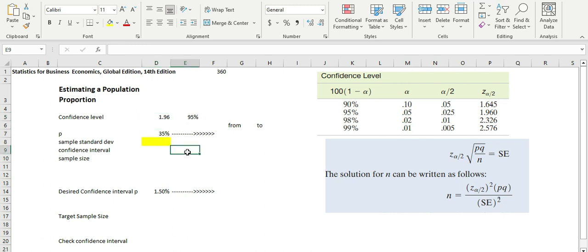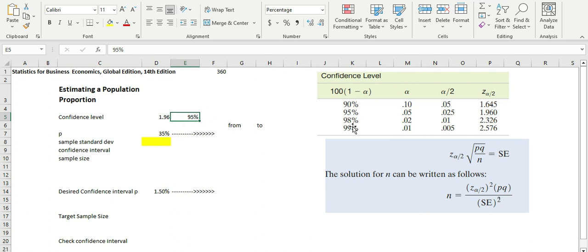So we have the same formatting here. I just removed from the previous example the sample standard deviation. We no longer need that, the confidence interval, sample size. What we need is just 1.96, the confidence level.